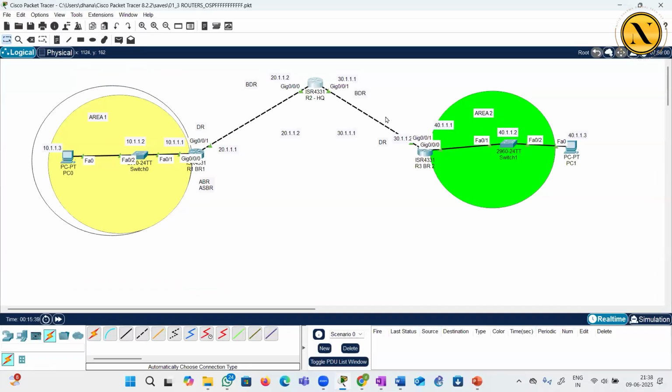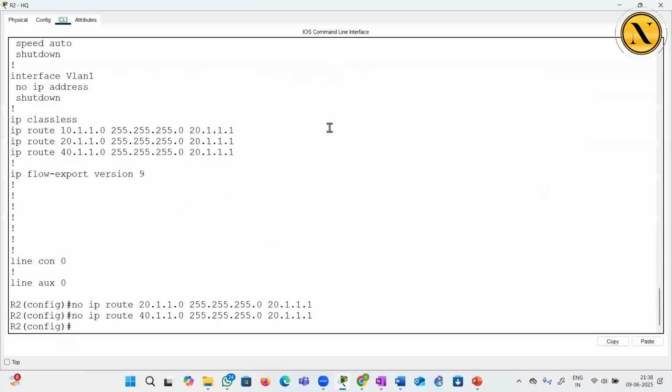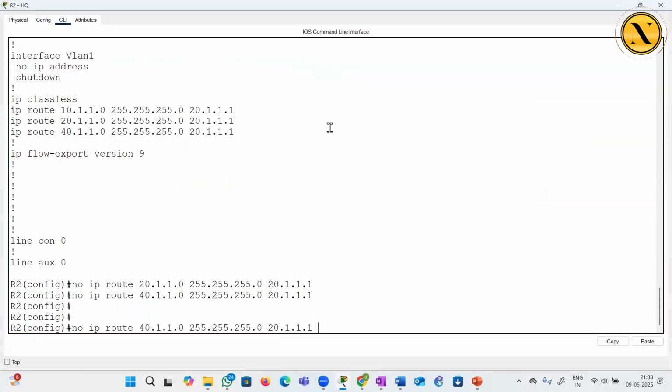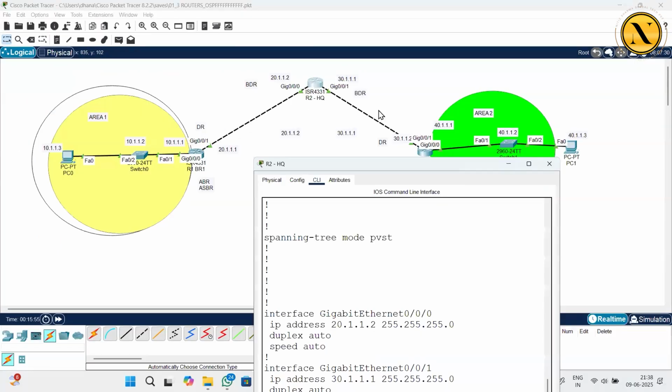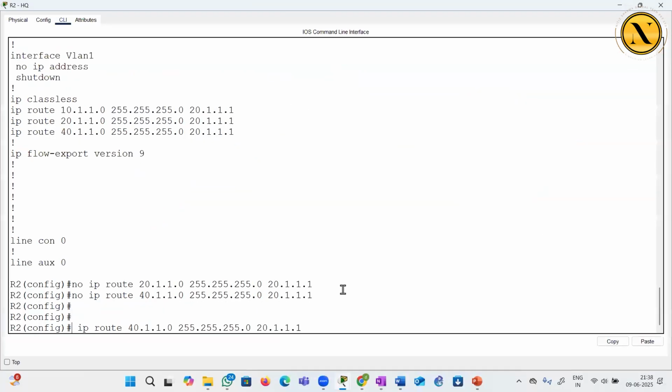And now I should say what? IP route up to 40, but next hop should be 31.2. Okay. So up to 40 only, Ctrl+A, Ctrl+D, but next hop should be 31.2. Okay. Next hop should be 31.2 and not 21.1.